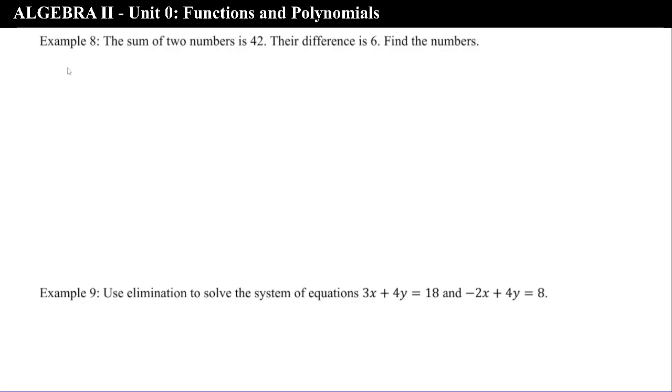If we know we're working with two numbers, chances are one's going to be a bigger number, one's going to be a smaller number. So let's let x equal the greater number, or the bigger number. And then let's let y equal the lesser number, or the smaller of the two numbers.